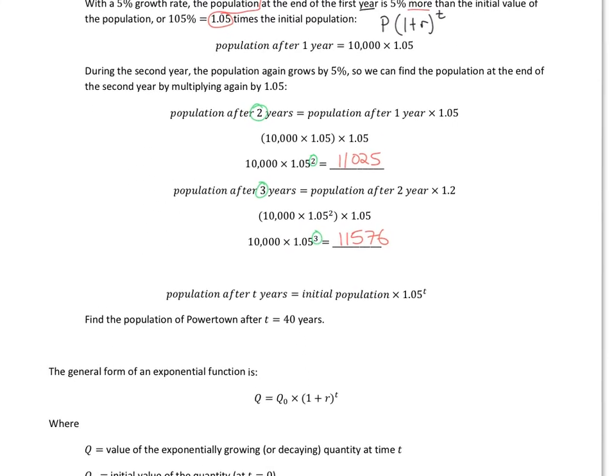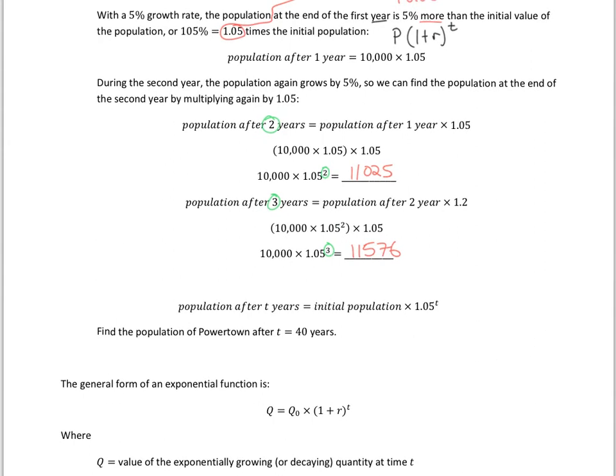So let's see if we can use that expression up there to figure out this next question. Find the population of Powertown after t equals 40 years. So I don't want to keep multiplying over and over again. There was the population after 1 year multiplied by 1.05. We get this. The population after 2 years multiplied by 1.05. Get this.